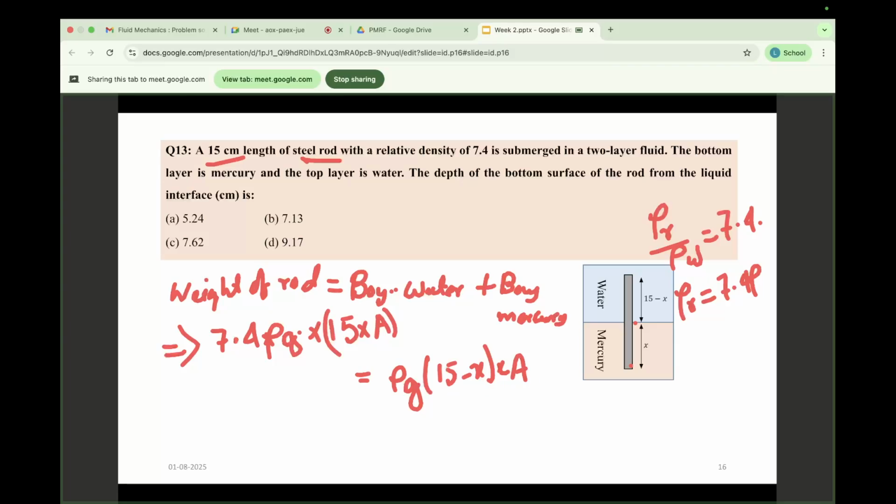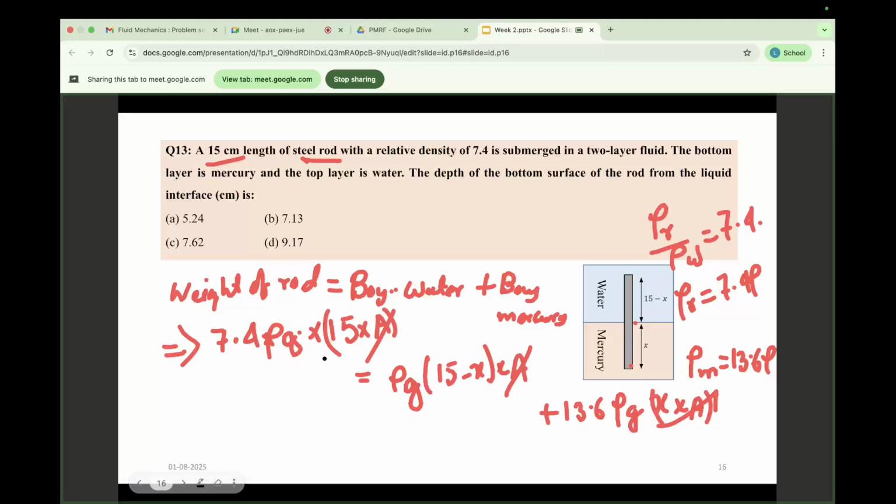Yes or no? In case of mercury, we know it is 13.6 times water, so I can write 13.6 rho g x into A. So A is common on all sides, so I can cancel A.